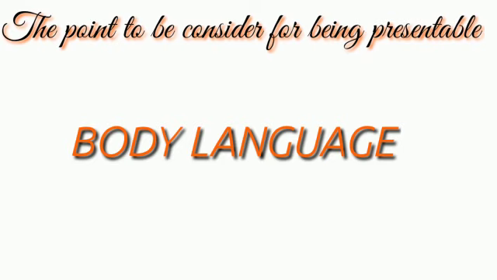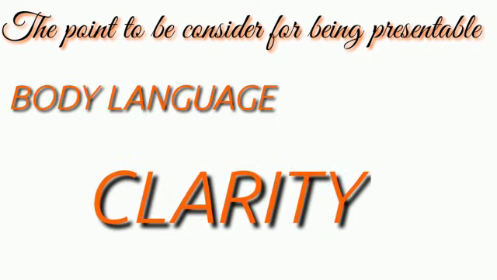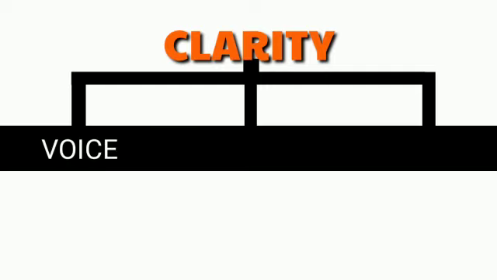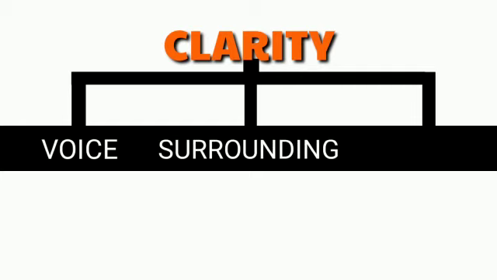Now the second point under presentation is clarity. Further, clarity should be taken into consideration while communicating in 3 different points. That is, the first one is voice. Then the second one is surrounding and the third one is language.